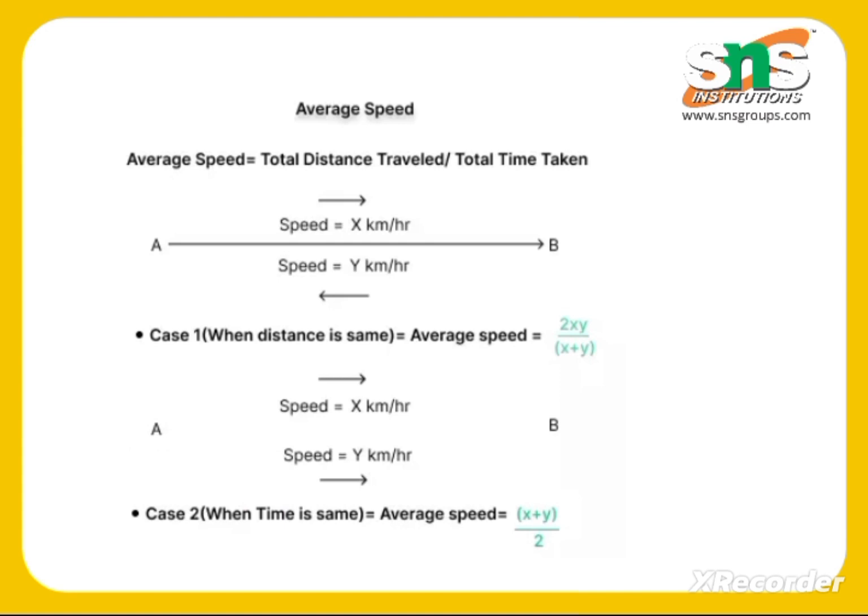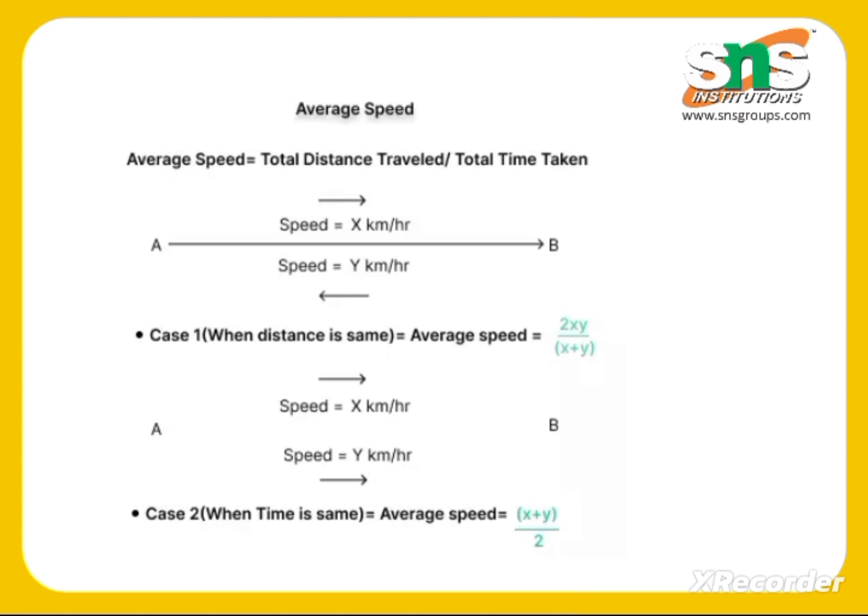Okay. So now when you're traveling from A to B, your terminal and destination point, the speed in one direction will be x kilometers per hour. The return speed will be y kilometers per hour. Now when the distance is the same, when you have uniform distance, your average speed will be equal to 2xy by x plus y.